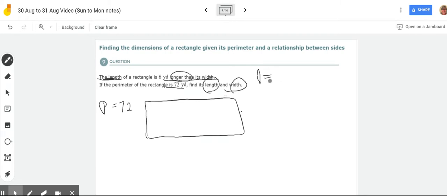Okay, well, we know that the length is 6 yards longer than the width. So right here, W plus 6. And you don't need to write this either. If you can just jump to this, it's fine.